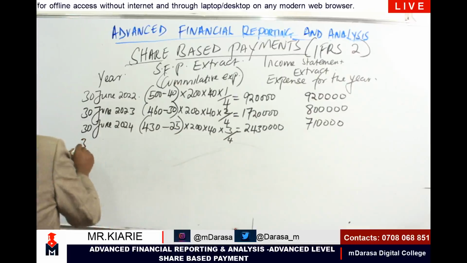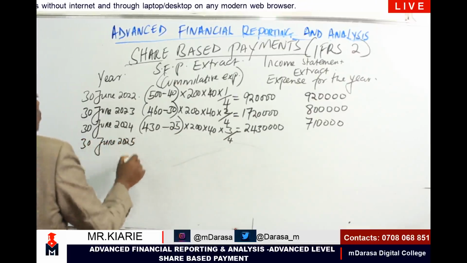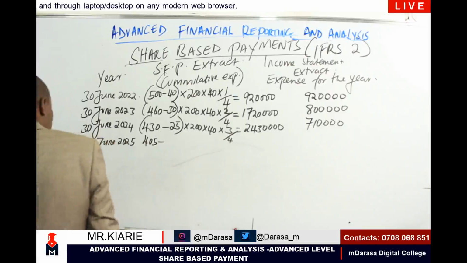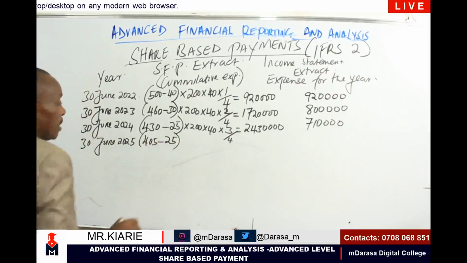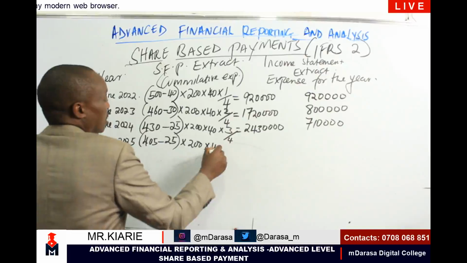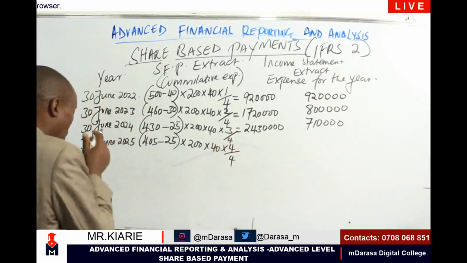Finally, 30th June 2025, I had been left with 405, and I can see another 25 are expected to leave in the 4th year, times 200 times 40 times 4/4, or rather times 1.